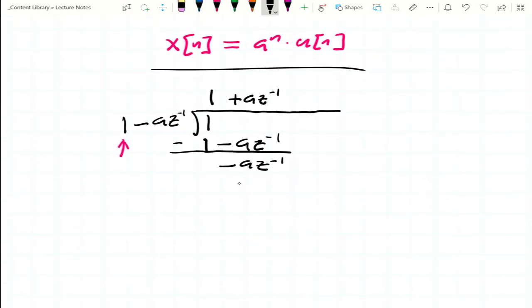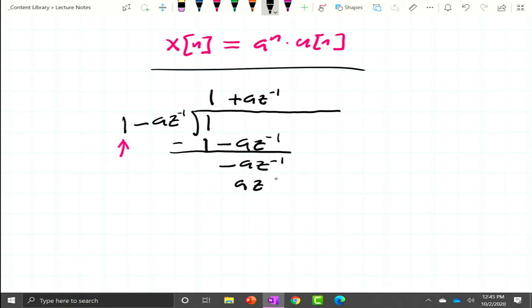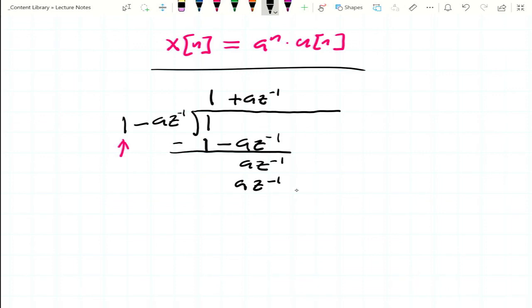And that's going to get us a z to the negative 1, which should be positive, minus a squared z to the negative 2, since we're multiplying everything through. Yeah. All right. And then we subtract. That'll give us 0, and then we'll have a squared z to the negative 2.